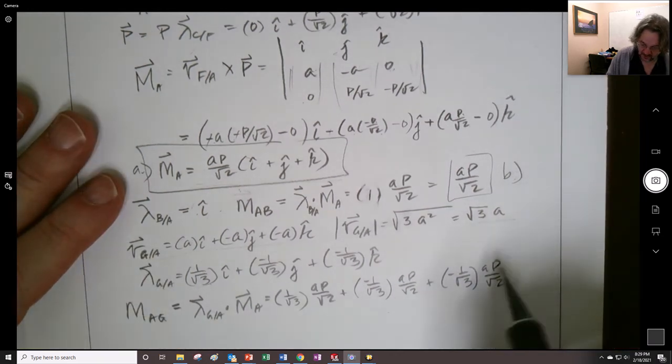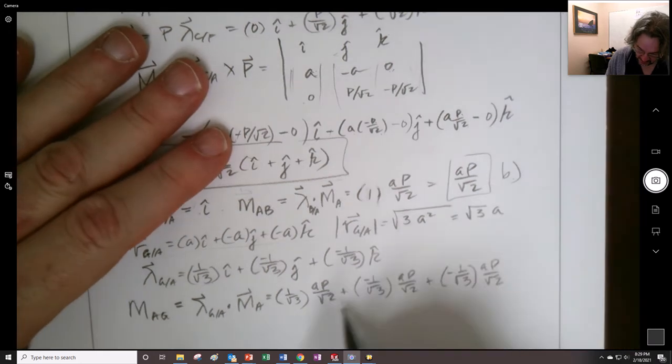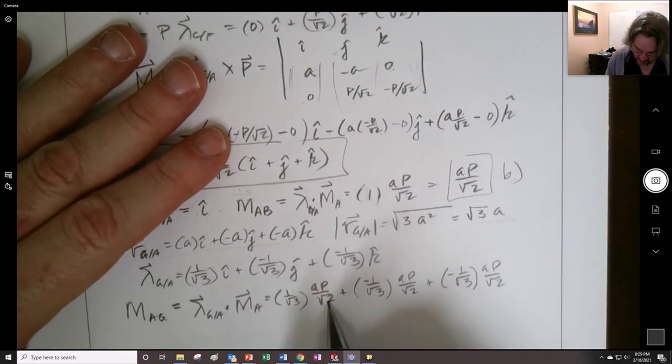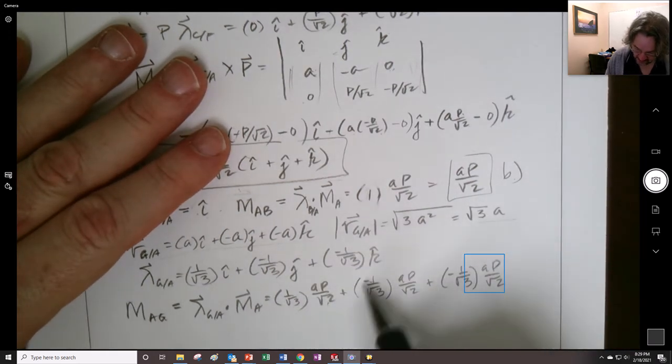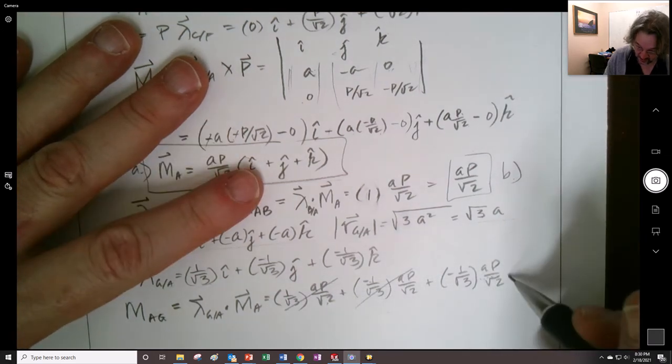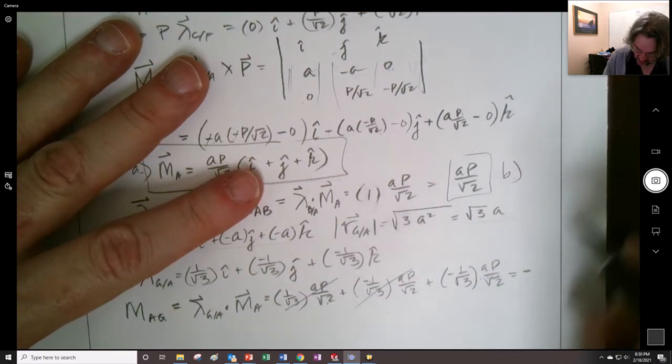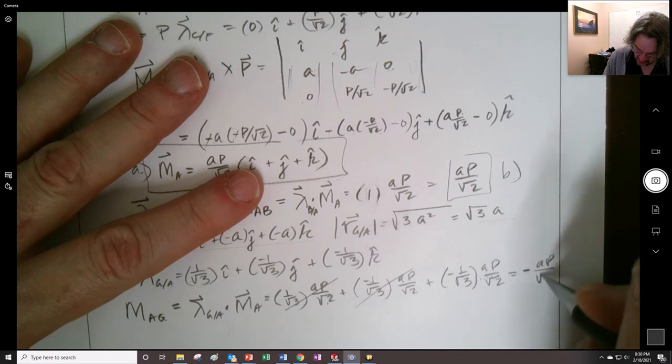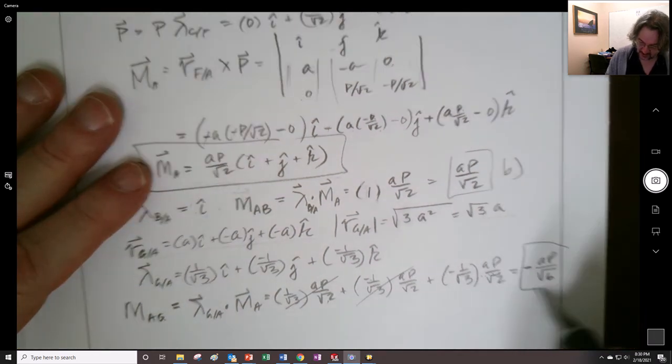So we have the square root of 3 and the square root of 2. This is a negative 1, and so that's going to cancel one of those out. So it's really going to equal negative AP over the square root of 6. That's going to be the answer.